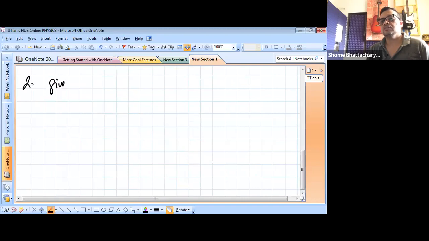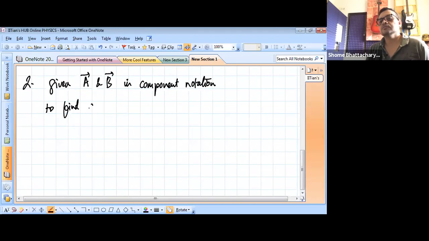So given two vectors A and B in component notation, that is i cap j cap notation, to find the angle between them, let's say the angle is theta between them, we just use the definition of dot product.